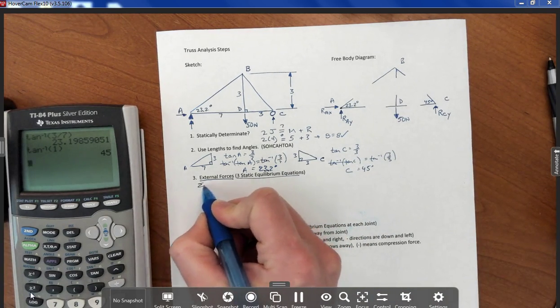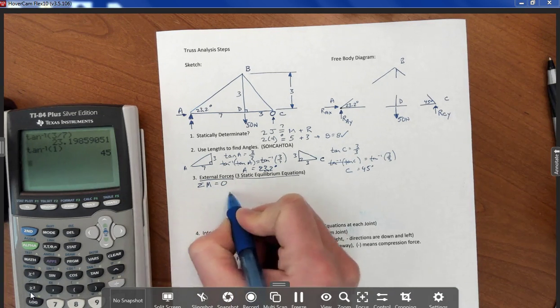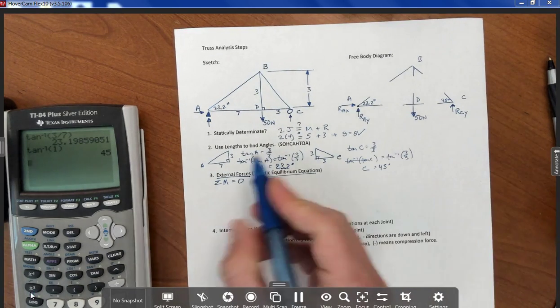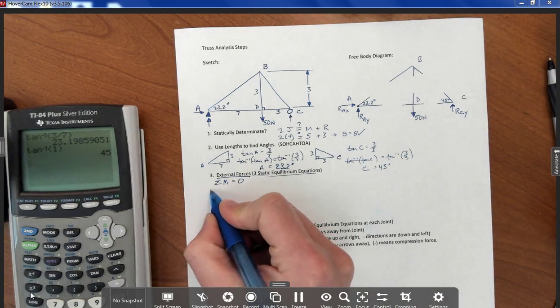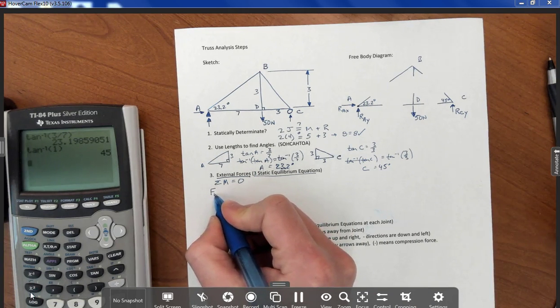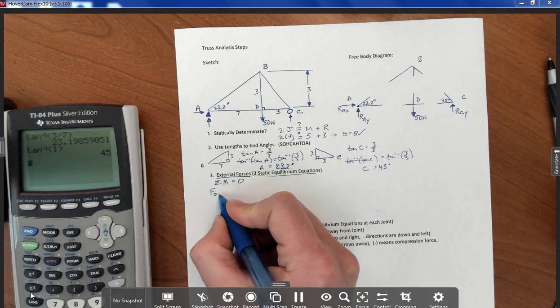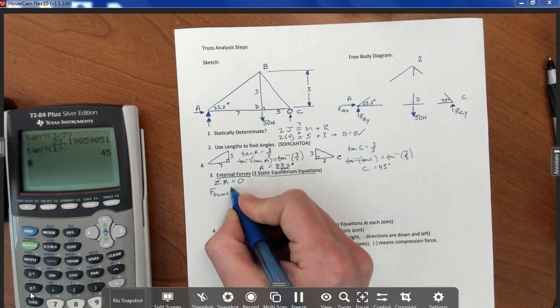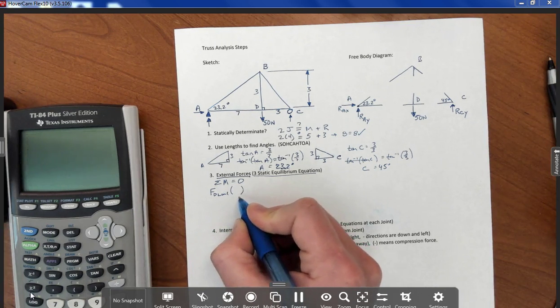So we're going to first start with the moments. We're going to say the sum of the moments is 0, and then you list out what are those moments. Well, we have the force at D. There's a force at D and it's a load, right? So there's that, and it has a distance.